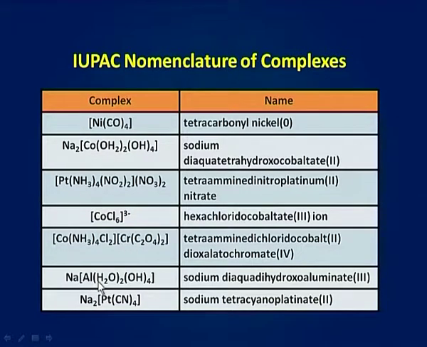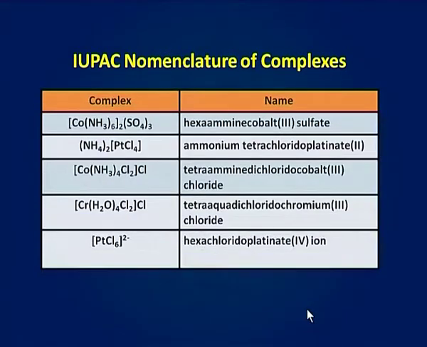Here there are two types of ligands, hence the name of the complex will be sodium diaquatetrahydroxoaluminate(III). In this complex, the oxidation number of platinum is 2. Therefore, the name of the complex will be sodium tetracyanoplatinate(II).